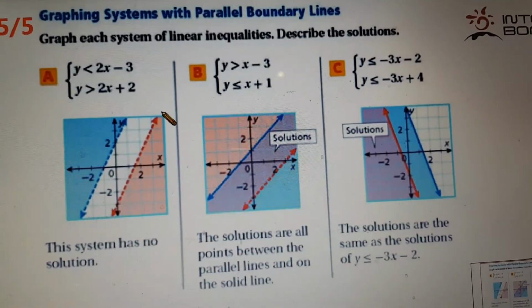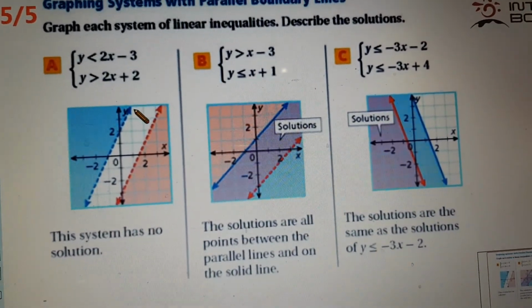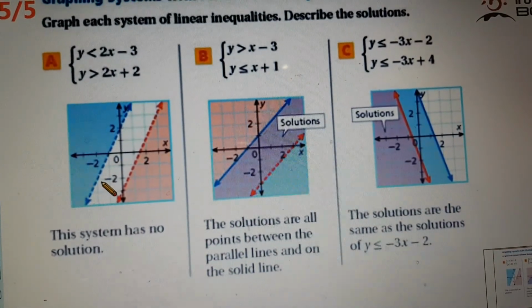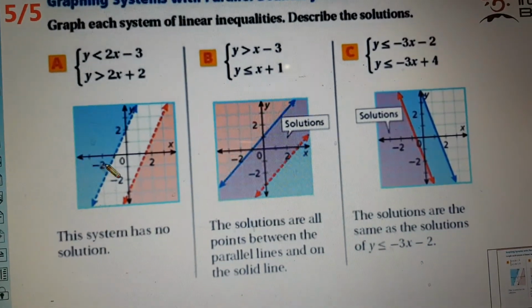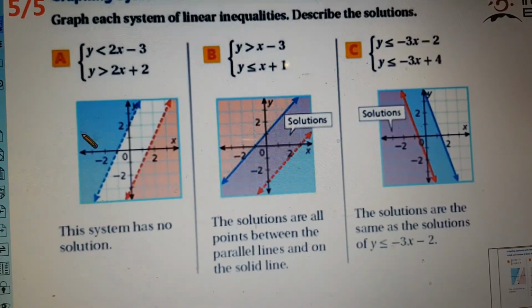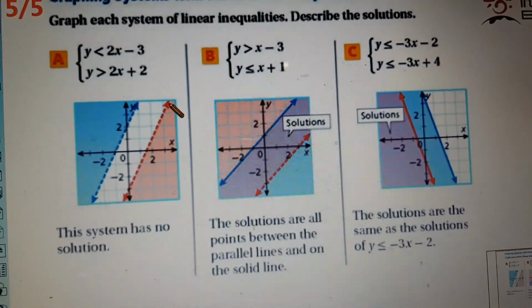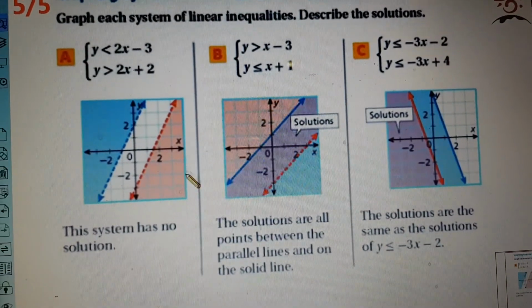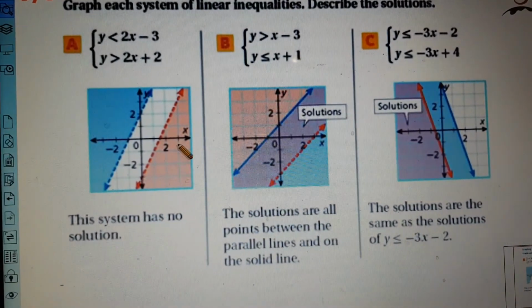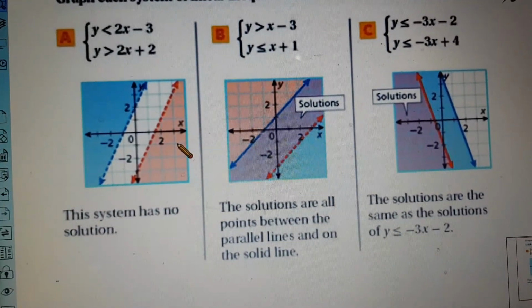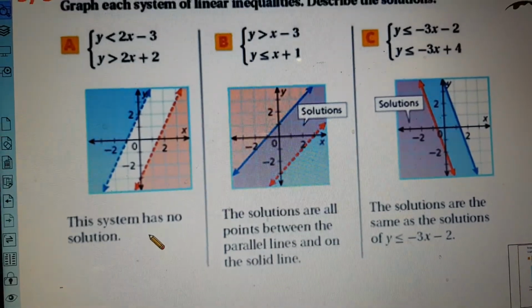If you got two parallel lines like that, can you see here, this area is my solution for this line and that area is my solution for the other line. I don't have any intersecting area between the two lines, so the system here has no solution.